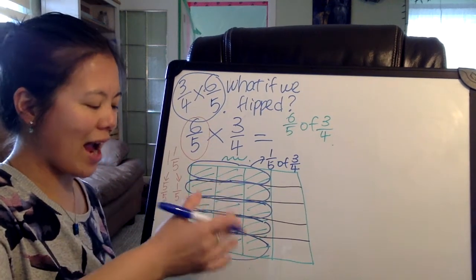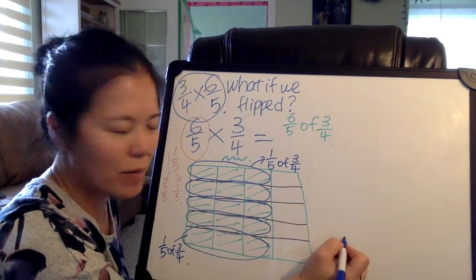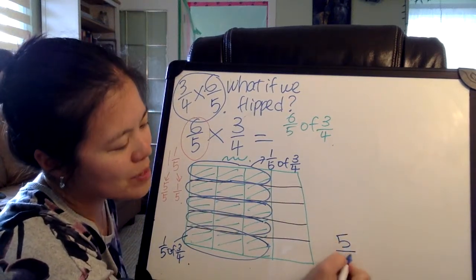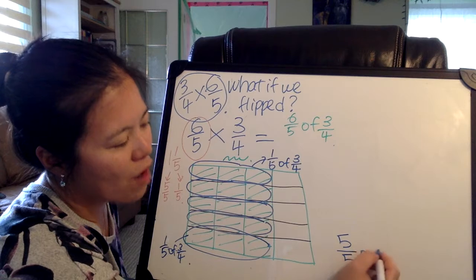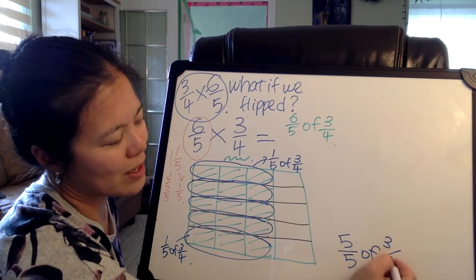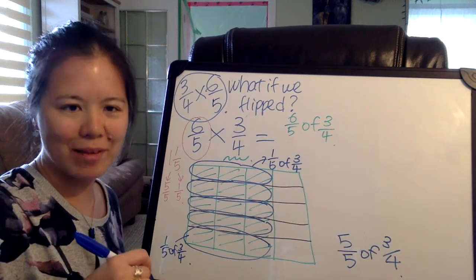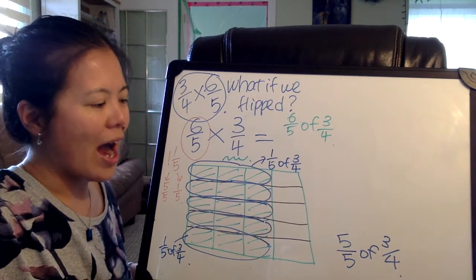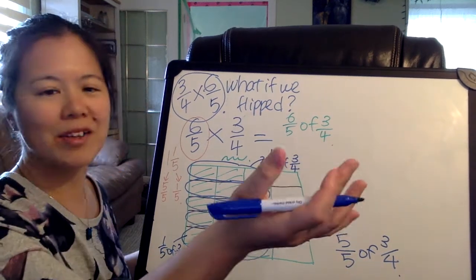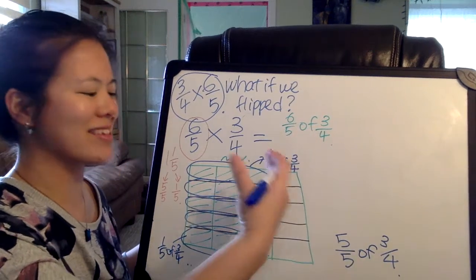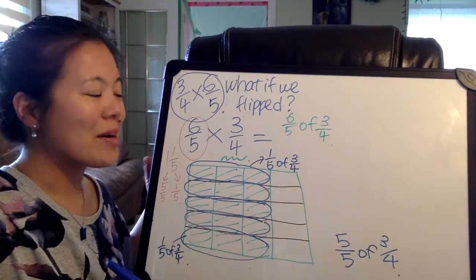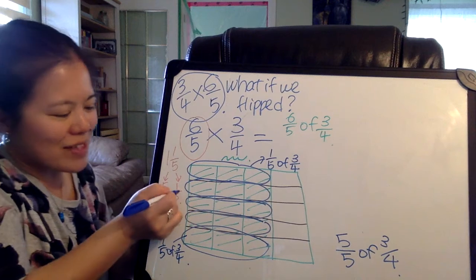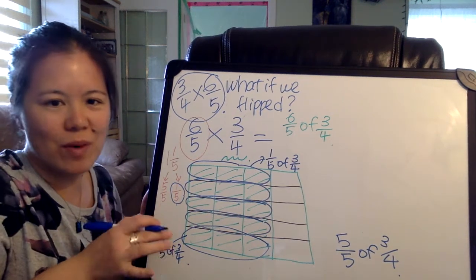So now what did I represent? I have represented 5/5 of 3/4, right? And that's 1 of 3/4. This is still 3/4. But I still have to have this bit. I'm missing this 1/5.